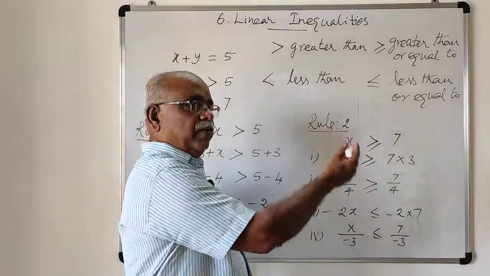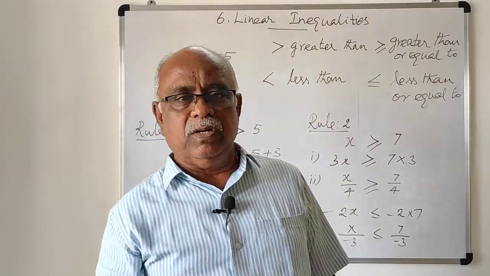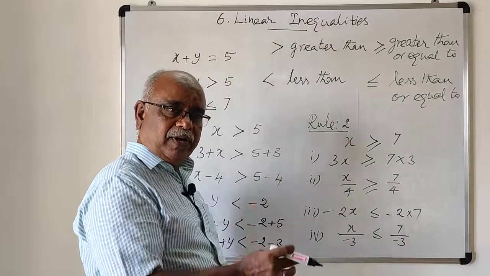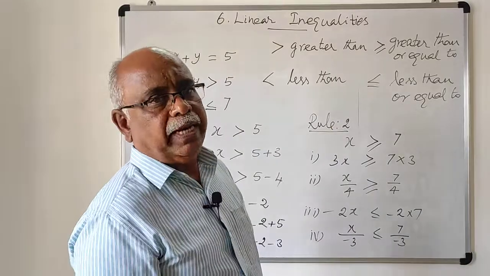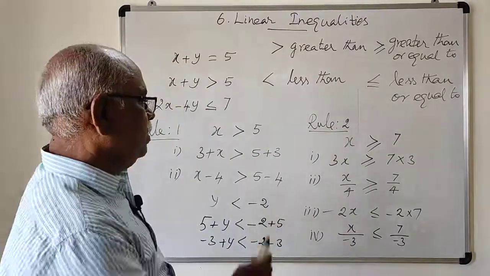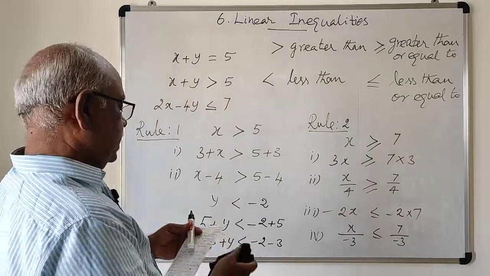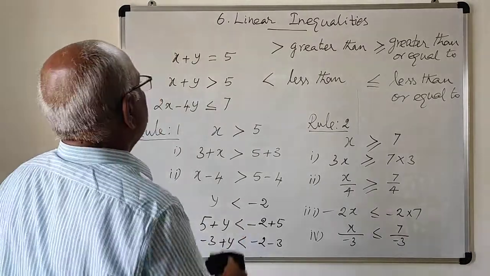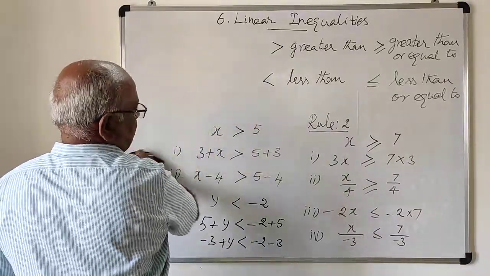Similarly, if you multiply or divide by a positive number on both sides, the inequality is not changed. The only case is if you multiply or divide the inequality by a negative number, the inequality is reversed. You remember these rules. On the basis of these rules, we are going to solve the problems in exercise 6.1. We will see the problems in exercise 6.1.